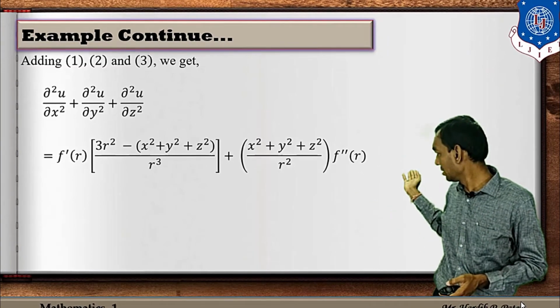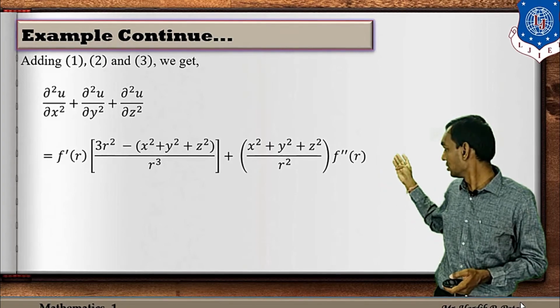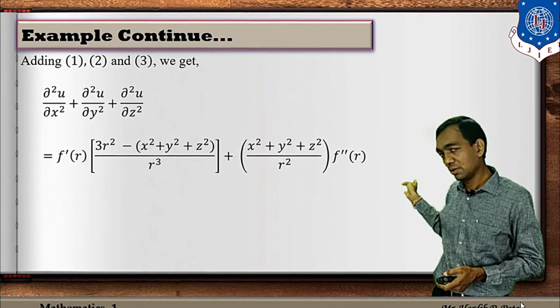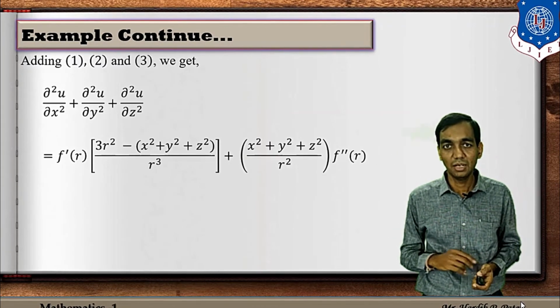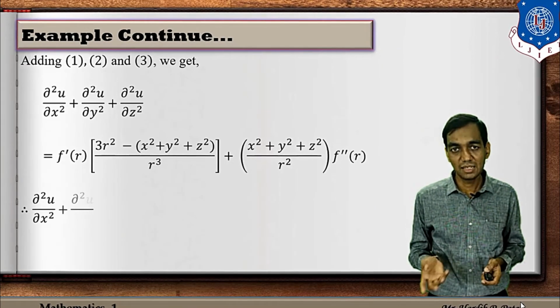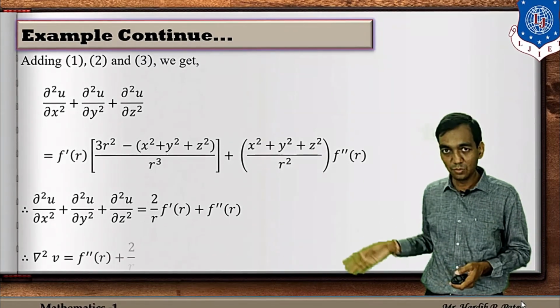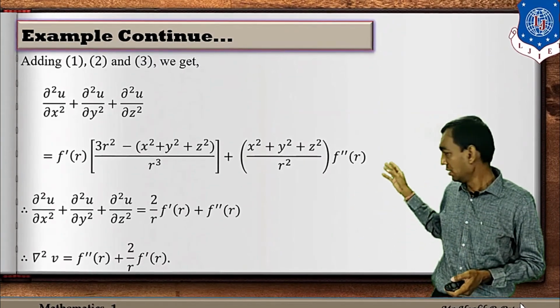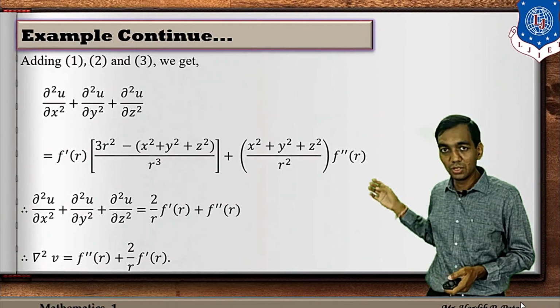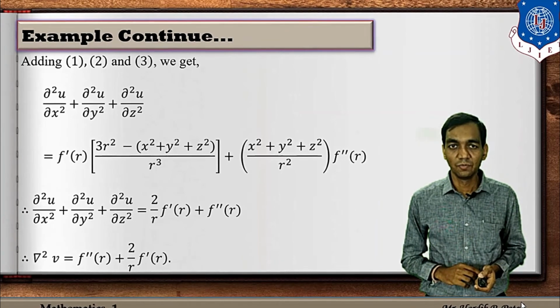From the second three terms, we take f double dash r common out. That gives f double dash r into x square plus y square plus z square upon r square. But x square plus y square plus z square is nothing but r square. By simplifying, that gives 2 upon r into f dash r plus f double dash of r. So this proves our result.